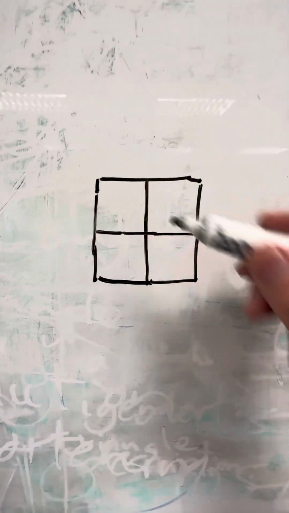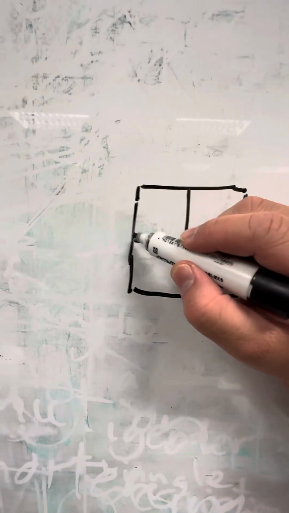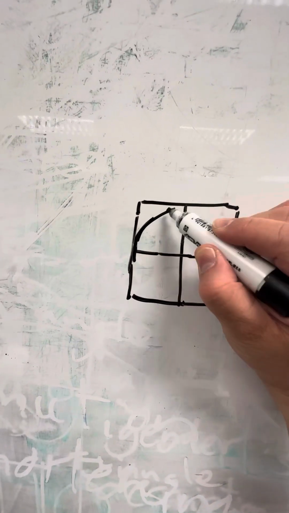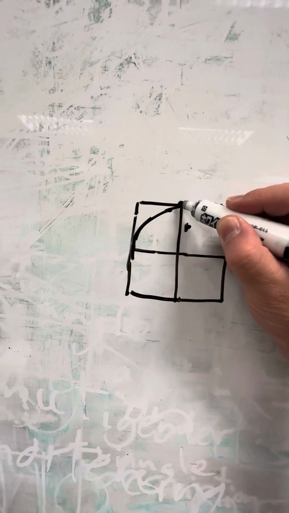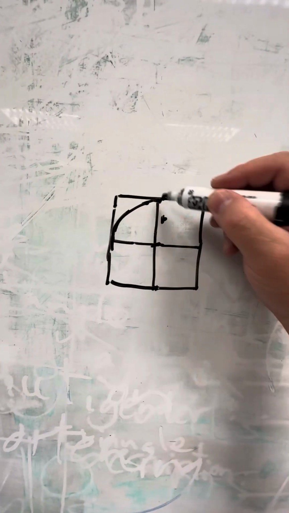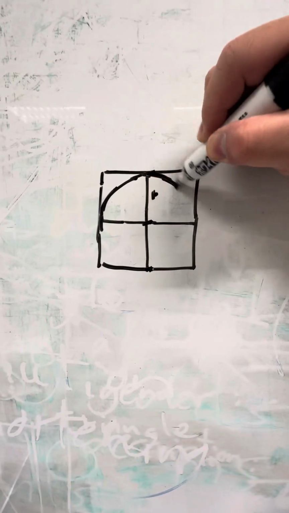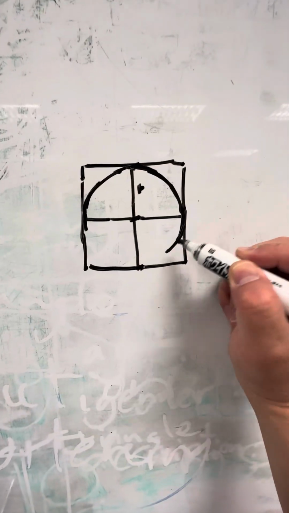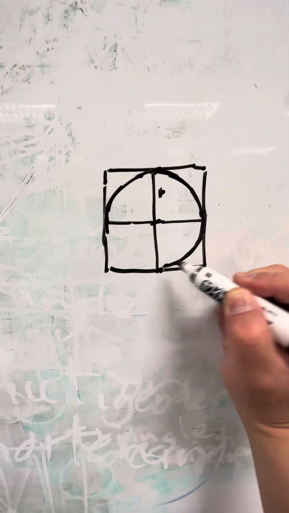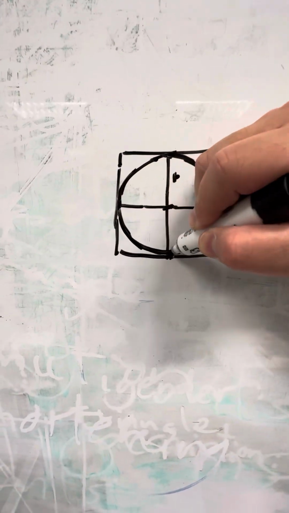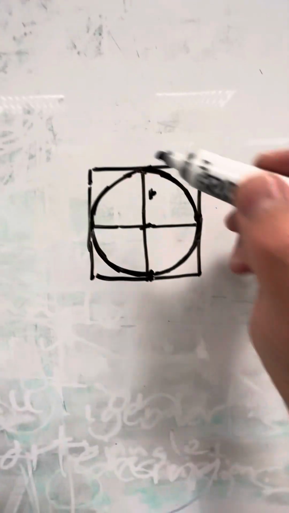So I'm gonna do a circle, and as you know, the radius times 2 is the diameter, meaning that it makes sense that a circle can be drawn in an equilateral square, right? There you go. It looks pretty round.